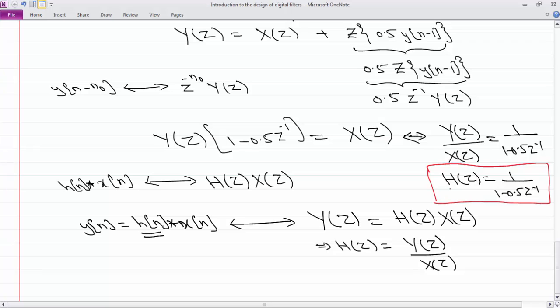So to find my impulse response, all I have to do is find the inverse Z transform of this Z transform, and that will give me my impulse response h[n]. Right? So h[n] is simply equal to the inverse Z transform of 1 over 1 minus 0.5 z inverse.